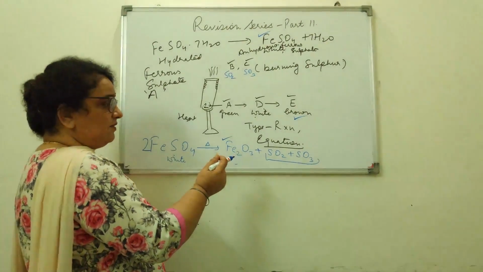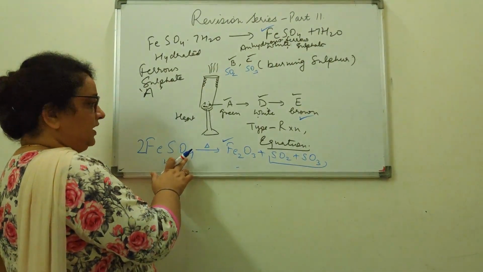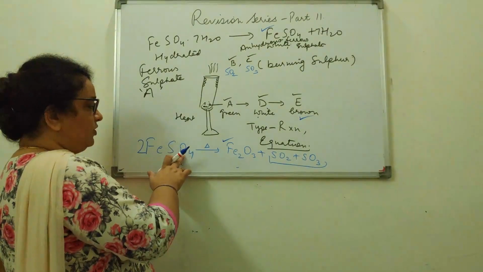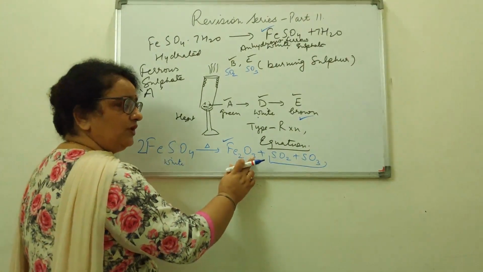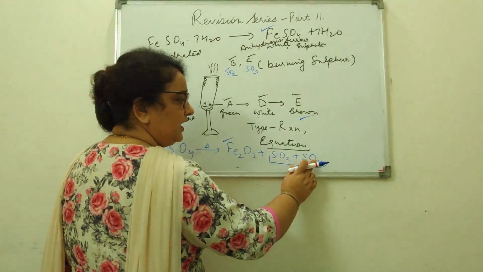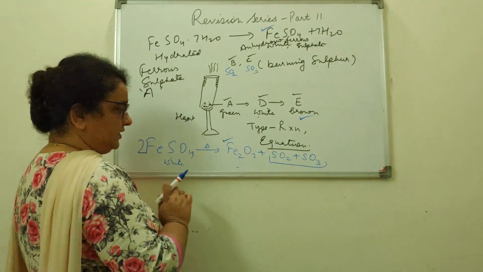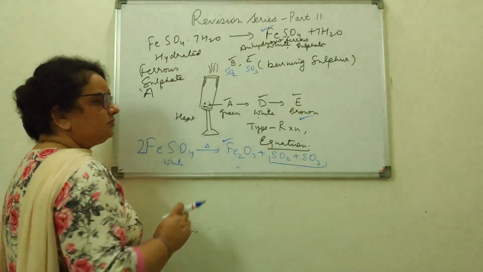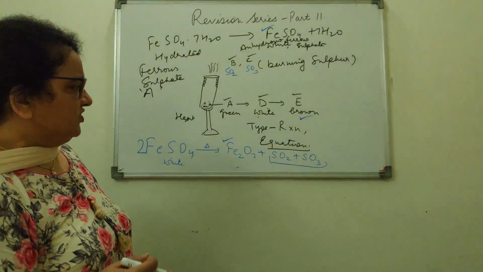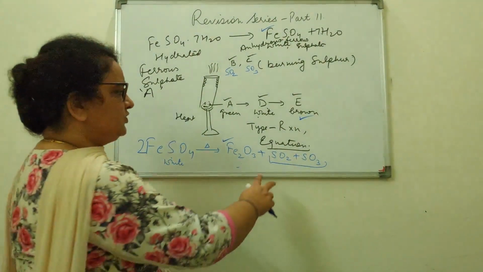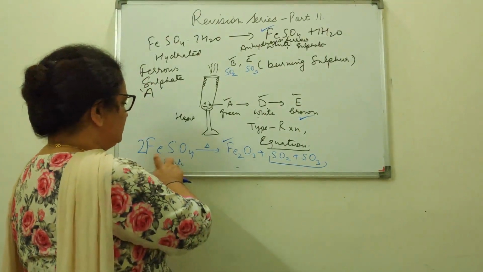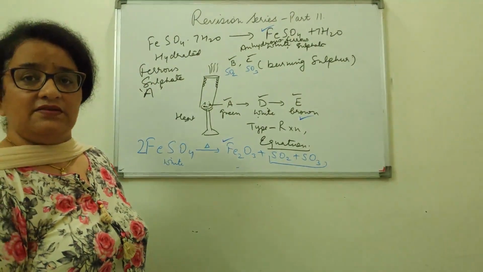Now again hit and trial method. Oxygen: here 4 2s are 8, then 3, 4, 5 and then 8. 8 oxygen. Sulfur 2. So this equation is balanced.